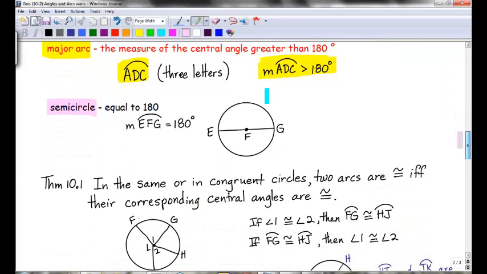Okay, then they go through some theorems. The first one is Theorem 10.1.